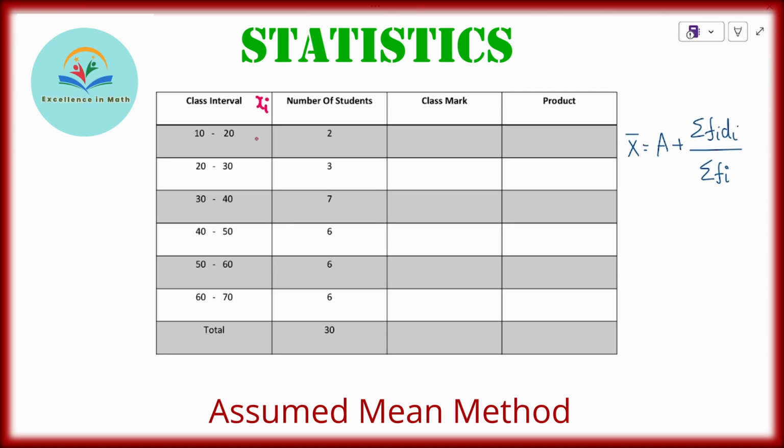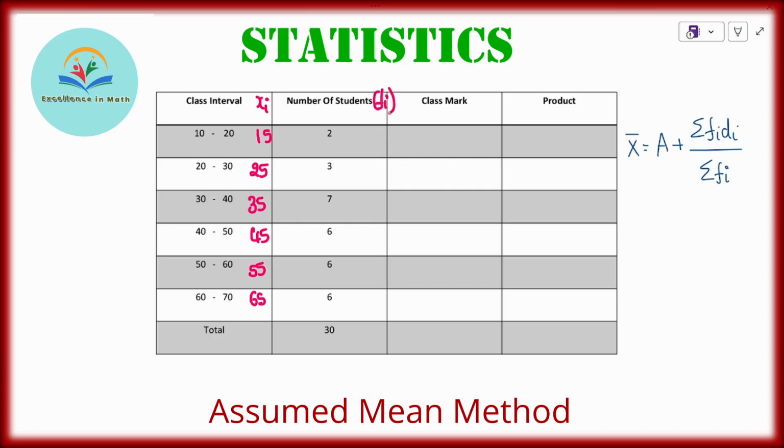Xi we know already, right? What is class mark? Class mark is the middle value between both the lower and upper bounds. That is 15, 25, 35, 45, 55 and 65. Now, we observe that xi values are not as small as the frequencies, right?